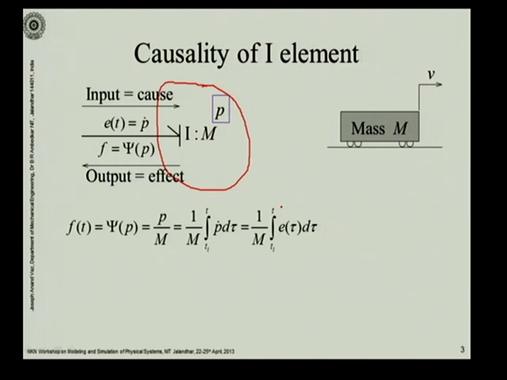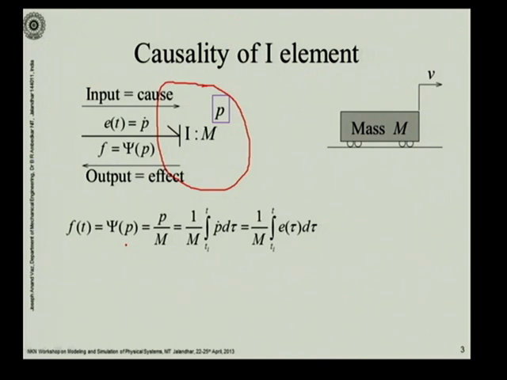Integration is just like a cumulative operation. It's just storing this, and then it is producing an effect, which is momentum, and it is producing an output which is a function of that momentum. This is the natural behavior of an inertial element.